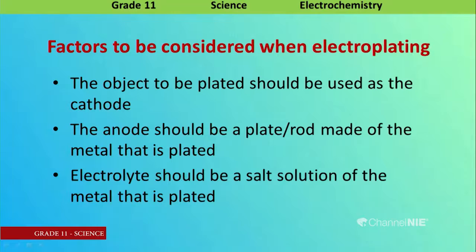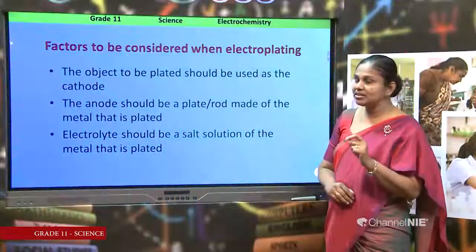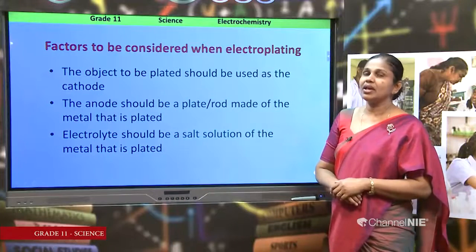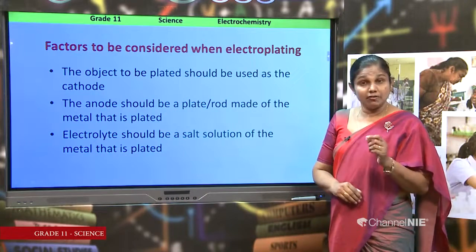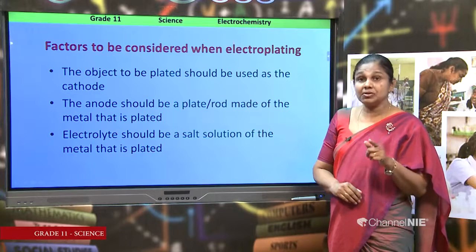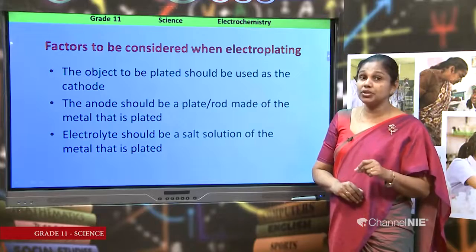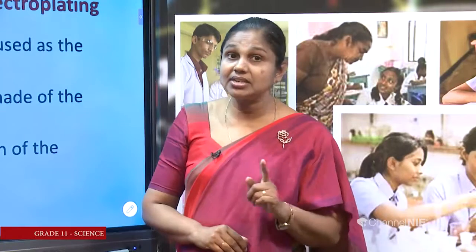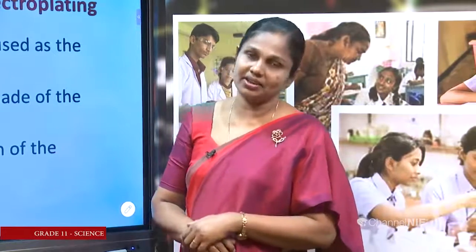The electrolyte should be a salt solution of the metal that is plated. When we plate copper, definitely the electrolyte must be a solution that contains copper ions. Okay, children, if we need to plate silver, definitely the electrolyte must be a salt solution that contains silver ions.